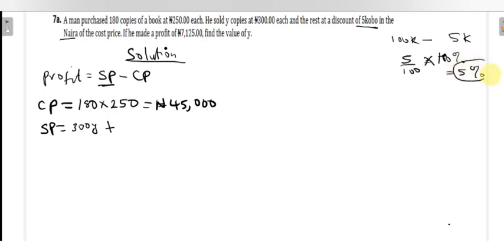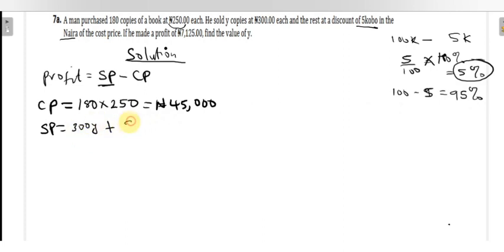So we can actually calculate the selling price at 5% discount of the original selling price as follows. We're going to take away 5% from 100. So 100 minus 5 is going to be equal to 95%. So the remainder will be sold at 95%.